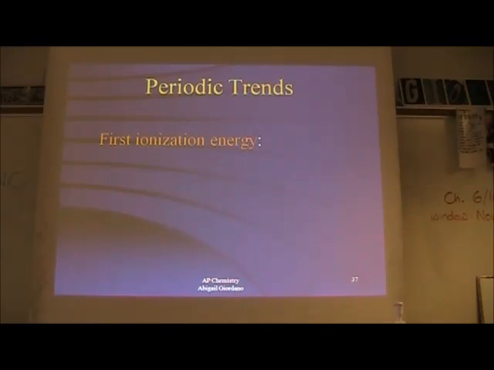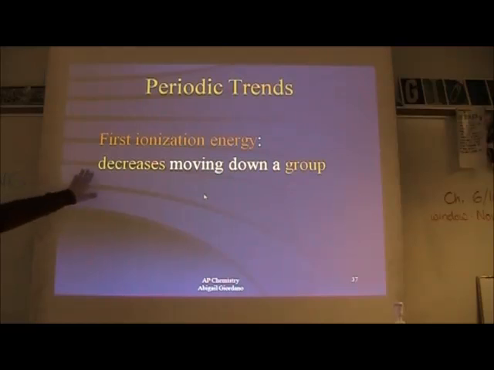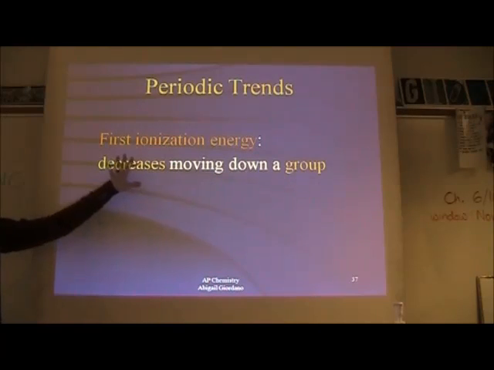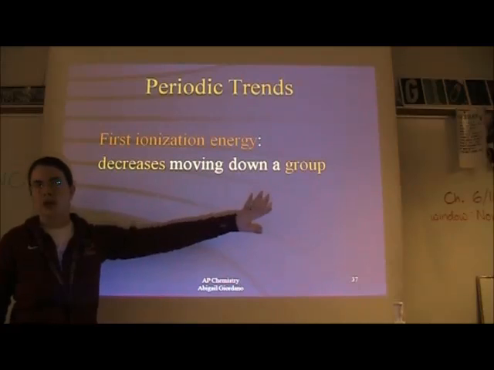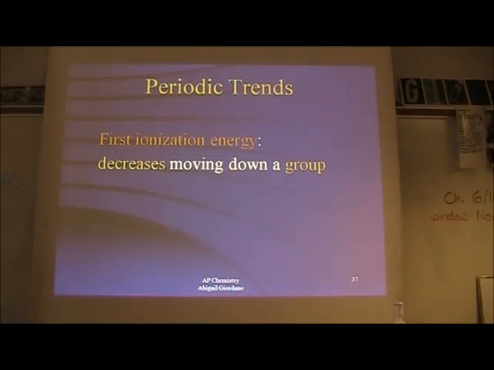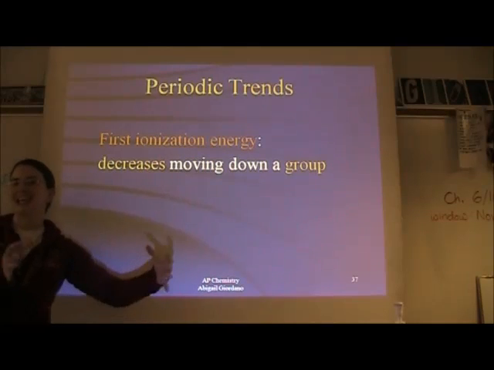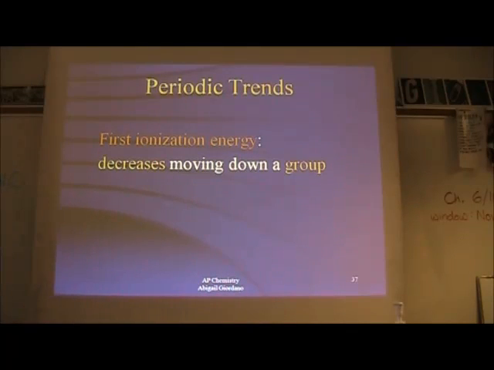Period. Okay. So ionization energy decreases as you move down a group. Try to avoid saying things like, it's easier to remove an electron. Better is to say, it takes less energy to remove. Okay.